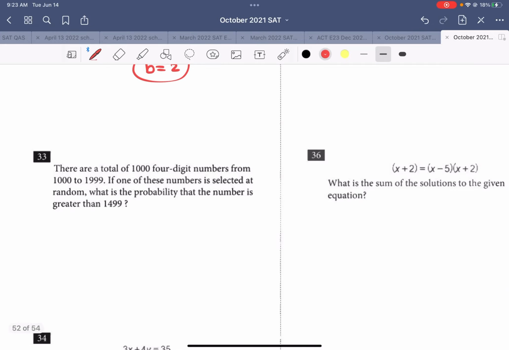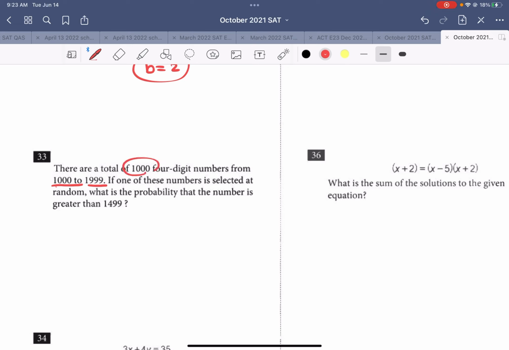Number 33. There are a total of 1,000 four-digit numbers from 1,000 to 1,999. If one of these numbers is selected at random, what is the probability that the number is greater than 1,499? So how many numbers do you have in total?